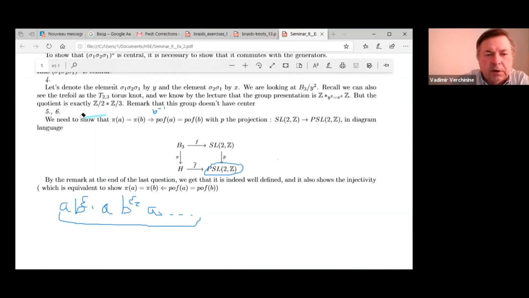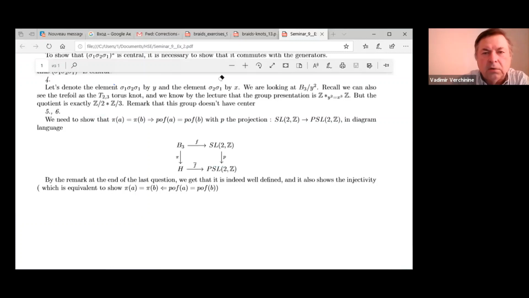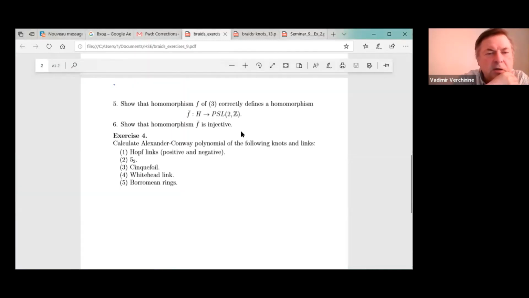So now we have our stuff for Hopf link, for 5-2, for the Cinquefoil, we understood this is file 1, for Whitehead, for Borromean. So what do we have?